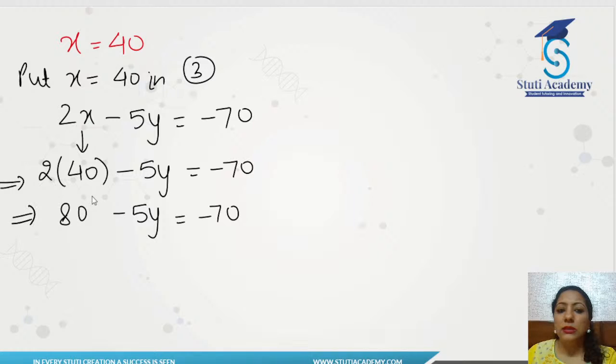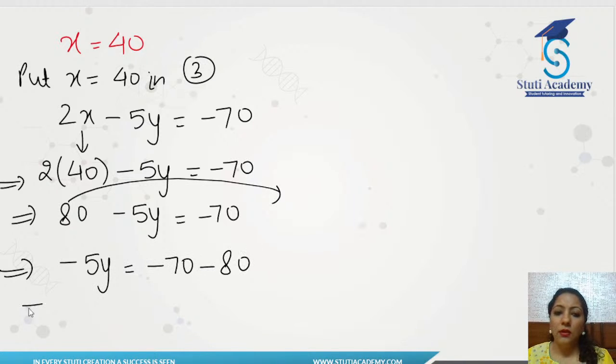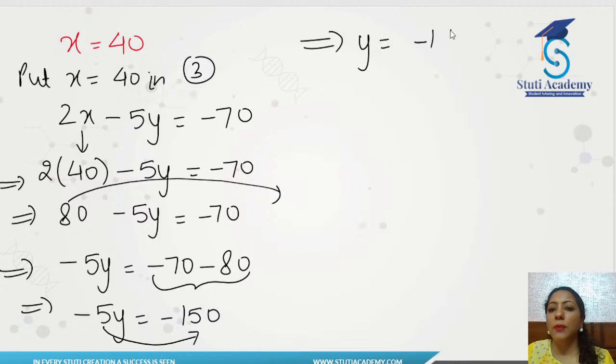And then this 80 we are going to take on the right hand side. We'll get minus 5y equal to minus 70 minus 80. We can combine these two and we'll get minus 5y equal to minus 150. Then we'll get y is equal to minus 150 over minus 5.